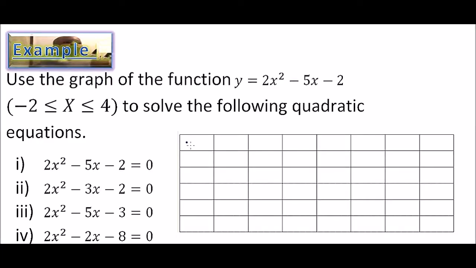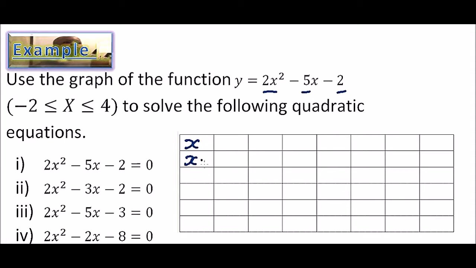We'll prepare a table to help us plot this function. The graph of y is equal to 2x squared minus 5x minus 2. So we put the value of x here.